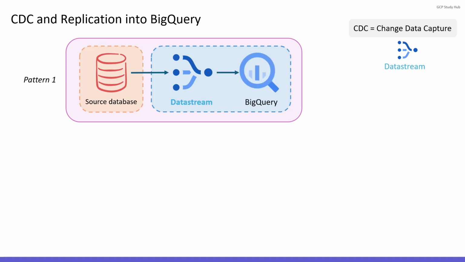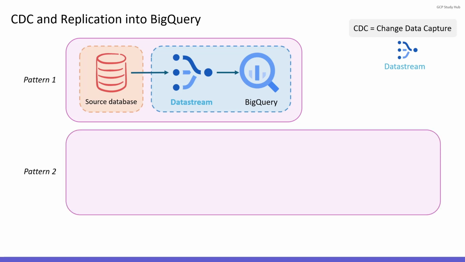The primary goal here is to ensure that BigQuery stays updated in near real time. This allows your analytical queries to run against the most current version of your operational data by continuously applying incremental updates.